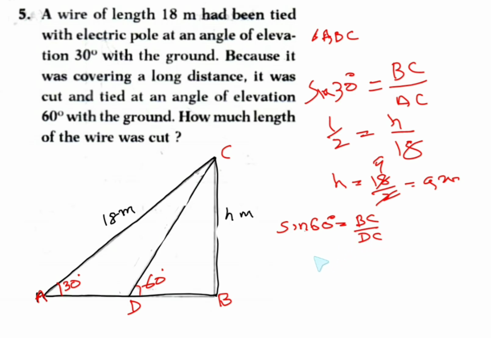Sin 60 we know is root 3 by 2, equal to BC, which is 9 meters, by CD, which we need to find. Therefore CD is equal to 9 into 2 by root 3.